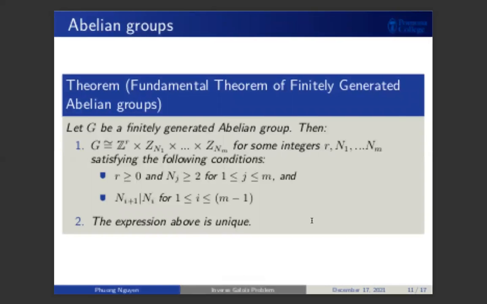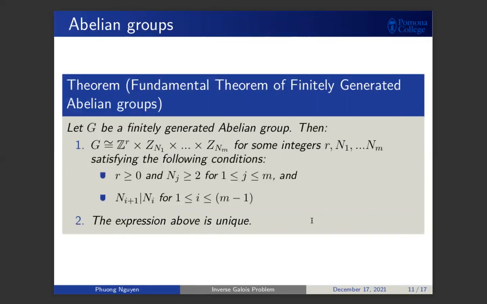Now we can actually generalize it to all abelian groups. First, let's look at the fundamental theorem of finitely generated abelian groups. So let G be a finitely generated abelian group, then G is isomorphic to Z to the r cross Z mod n1 Z all the way to Z mod nm Z for some integers r and n1 to nm, satisfying two conditions.